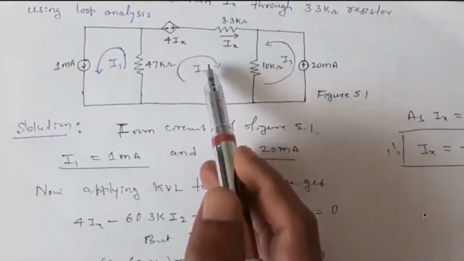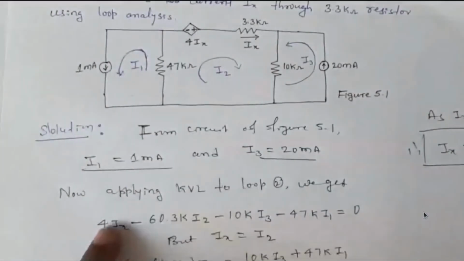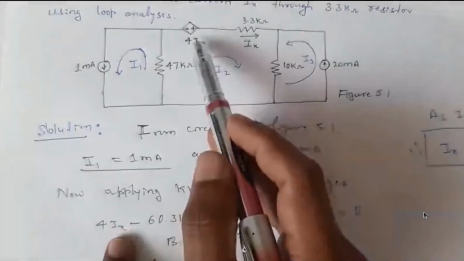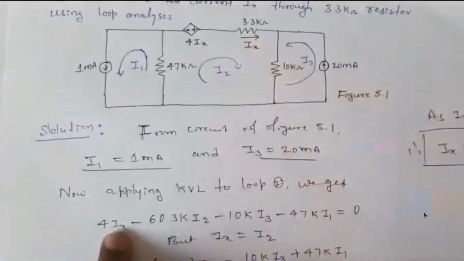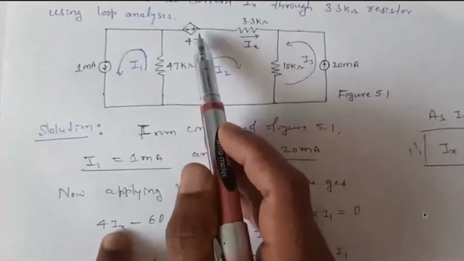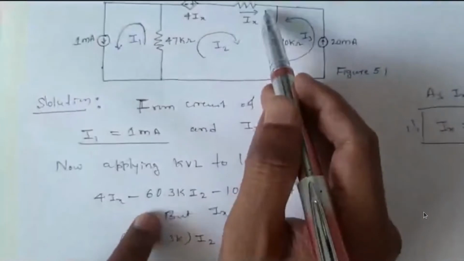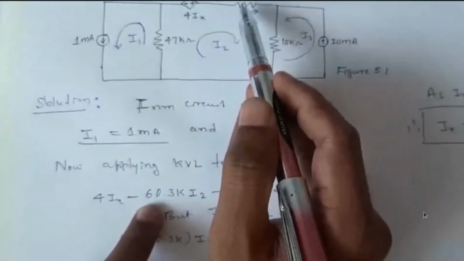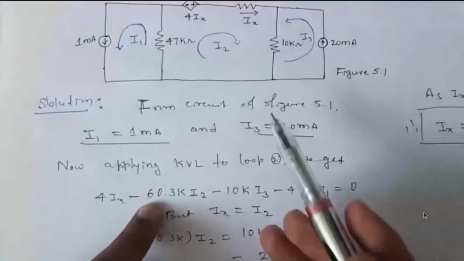Okay, here minus to plus I have considered positive. 4ix is the value of this voltage source. This is a voltage source whose value is 4ix. Now because minus to plus I have considered positive, now plus to minus I'll consider negative. This is plus to minus, this is 3.3k into I2, and all that in one step equation I'm writing.